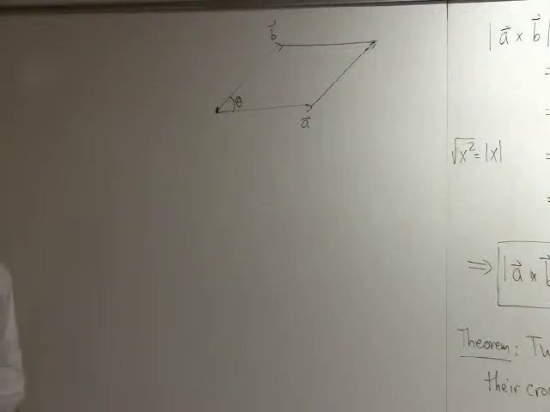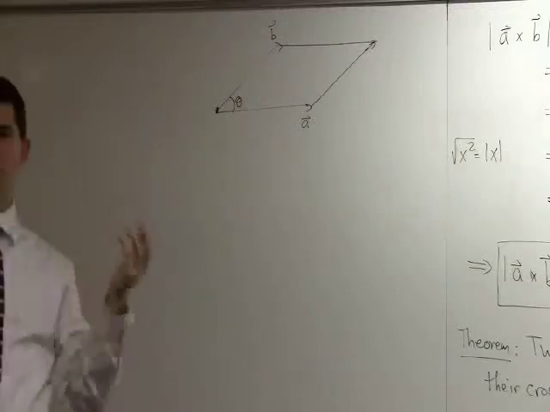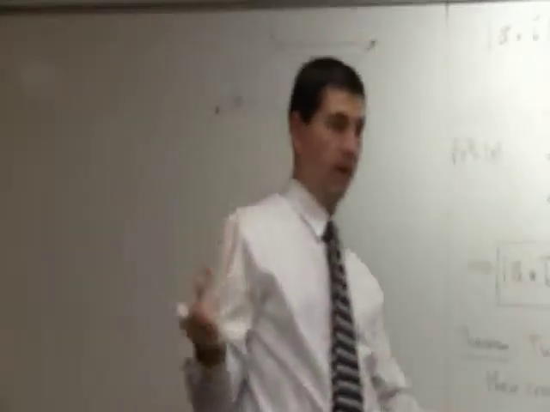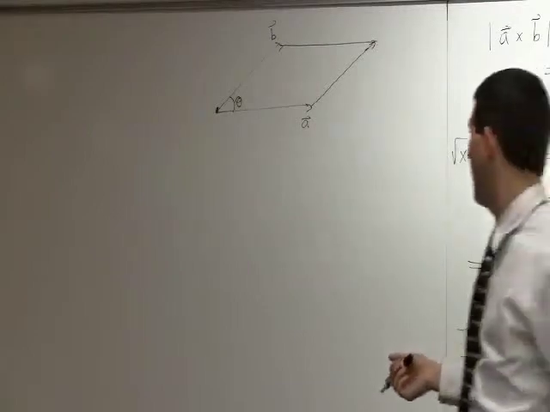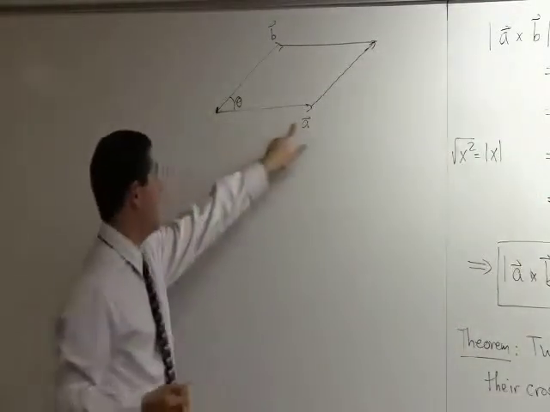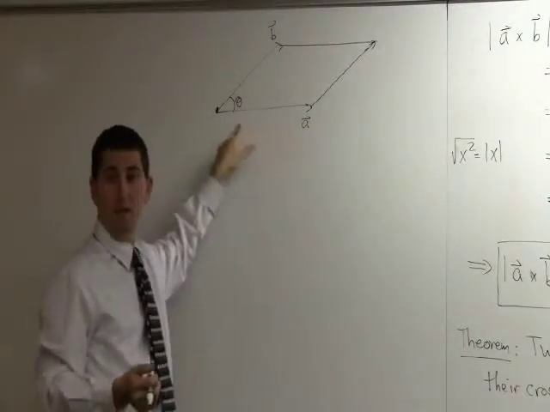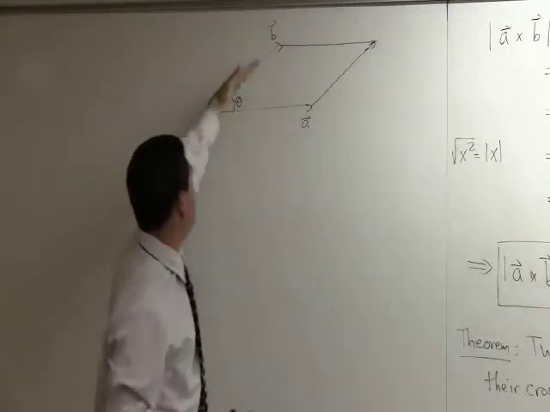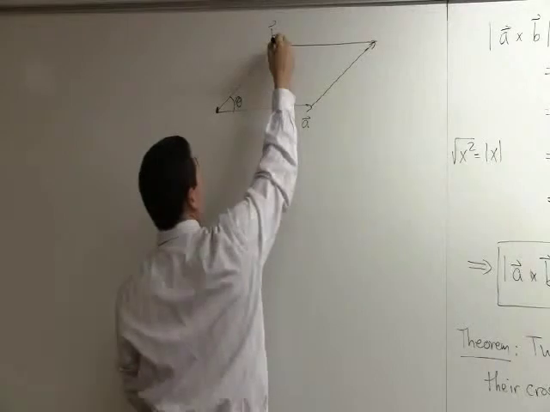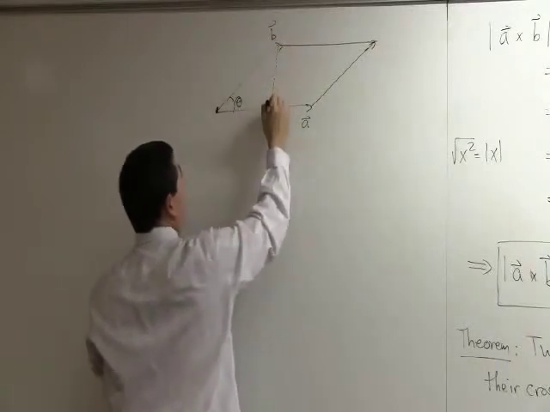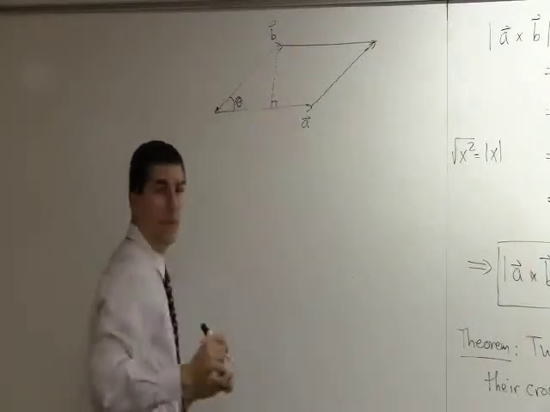And I'm curious what the area of this parallelogram is. So, generally speaking, the formula you always want to use when you have four-sided figures is somehow base times height. Well, you can take this A vector to be the base, but you can't take B to be the height because it's slanted. So what you have to do is drop a right angle here.